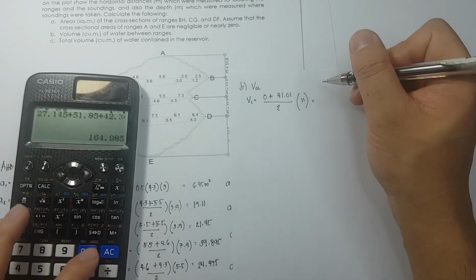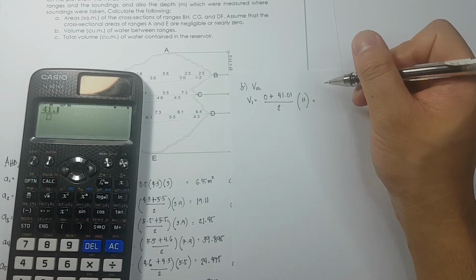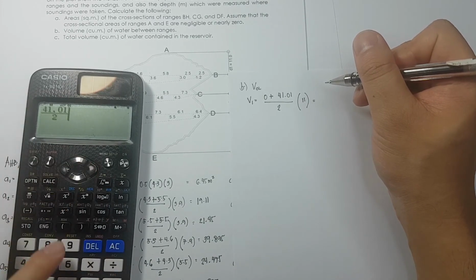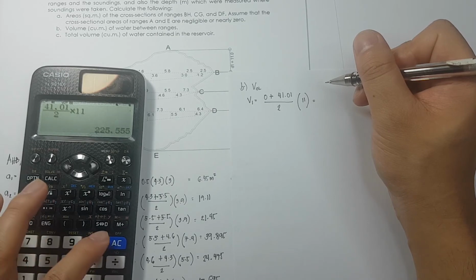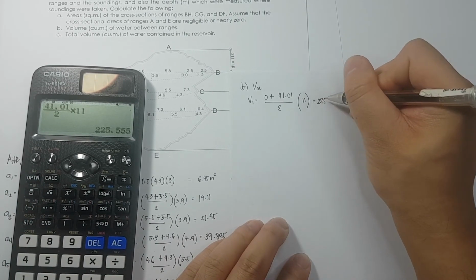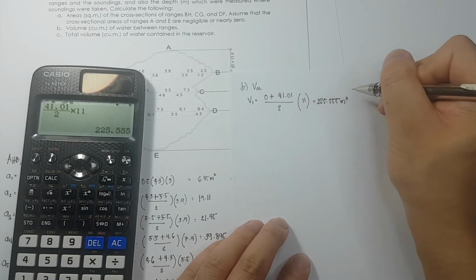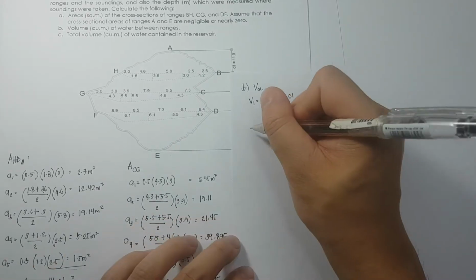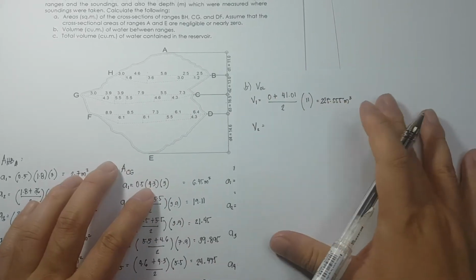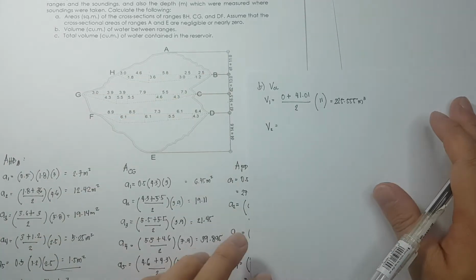And that is equivalent to 41.01 over 2 times 11. And that is equivalent to 225.555 cubic meters.